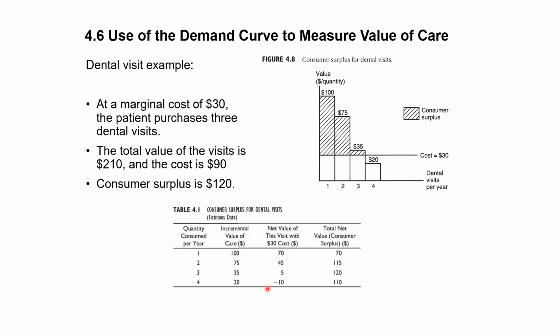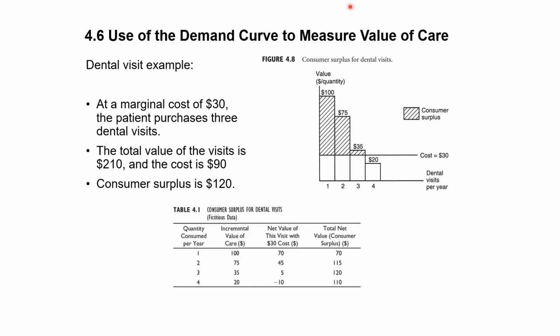So the net value of that visit is negative 10, because $20 minus 30 will give you negative 10. So logically, if you add all of the value that the consumer gets, the value did not increase. Actually, the value decreased. So any logical consumer would stop at the third visit, because that is the optimal point in the utilization of your services, where you get the most value out of that demand curve, in terms of the consumer surplus for your dental visits.